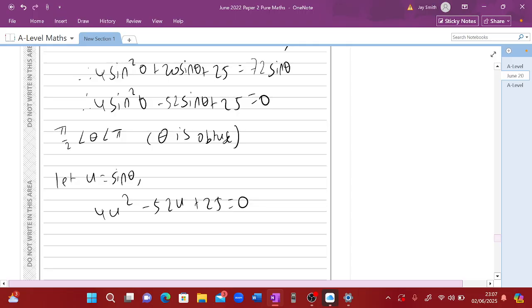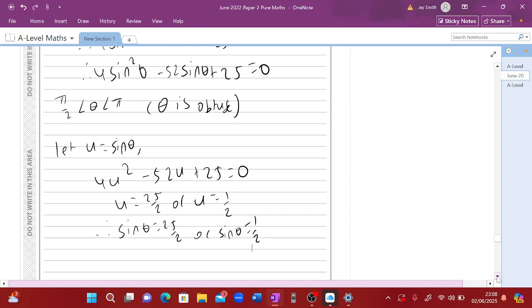And that will become u is 25 over 2, or u is a half. Then I'll substitute u back in. That means sine theta is 25 over 2, or sine theta is a half. Now 25 over 2, you can try that on the calculator, but it has no solution because 25 over 2 is above 1, and remember the sine graph only goes up to 1.